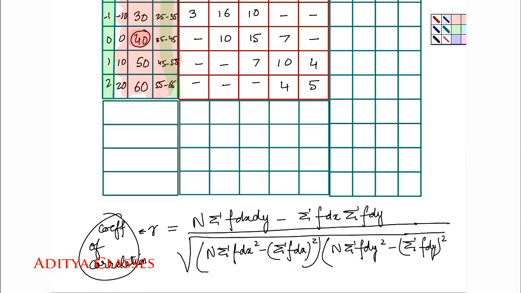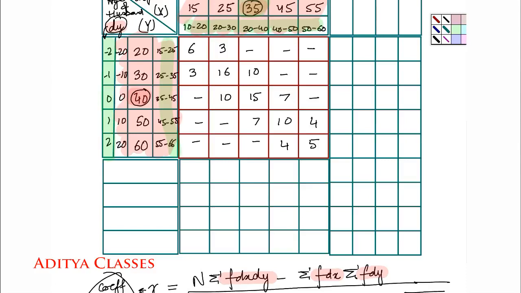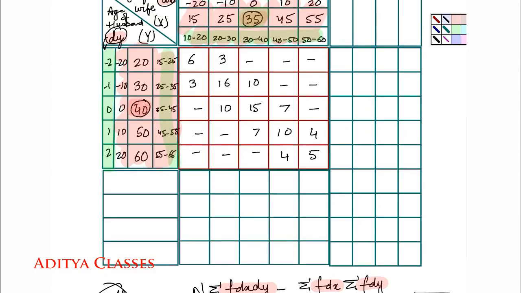So what all do I need over here? I need f dx dy, I need f dx, then I need f dy and summation of it, I need f dx square and f dy square. And what is this? This is nothing but the square of f dx, this value. So I'll be needing these values. Let me write them down over here.